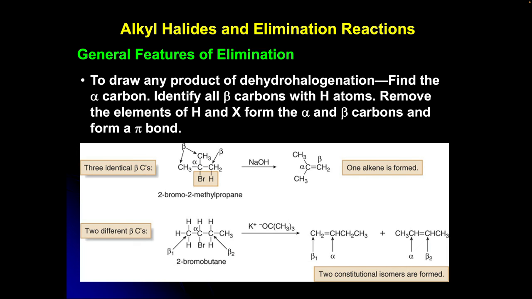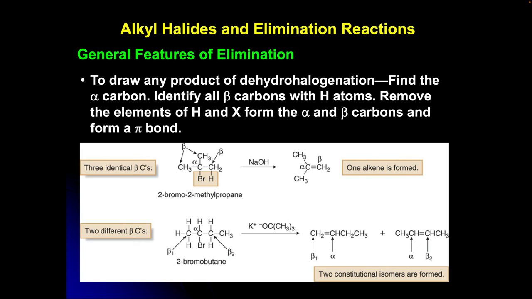Okay? But hydroxide can abstract a hydrogen atom from the beta carbon. Notice we've got 1, 2, 3 beta carbons and they're all identical. So if I abstract this hydrogen, I get this product. If I abstract this hydrogen, I get this product. If I abstract this hydrogen, I still get that product. Only one alkene is possible in this particular reaction.